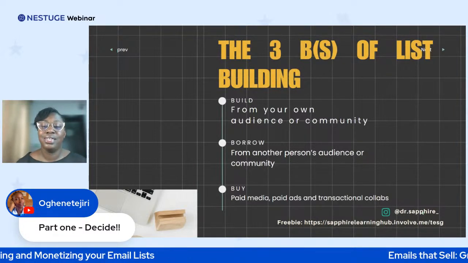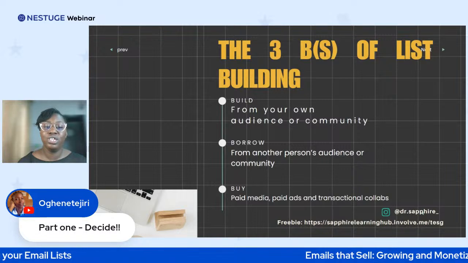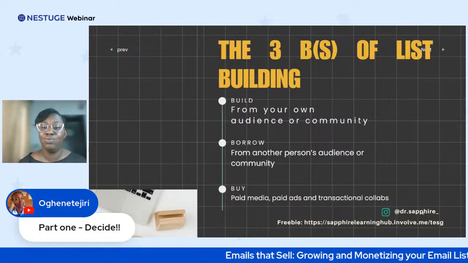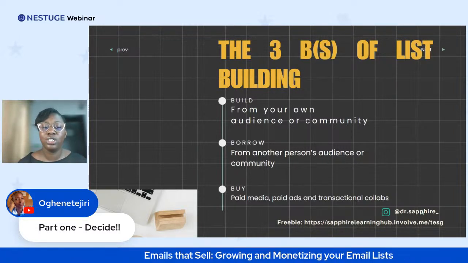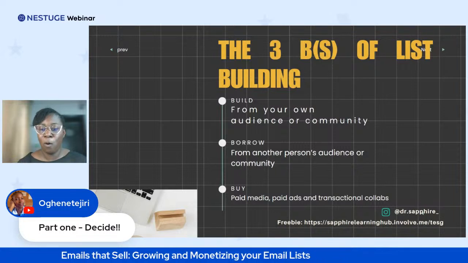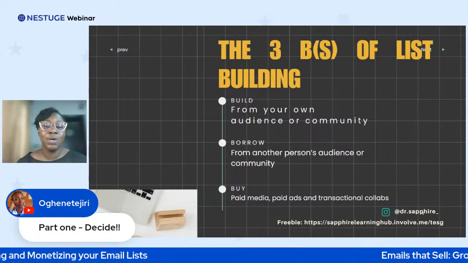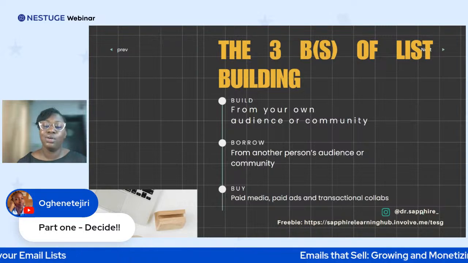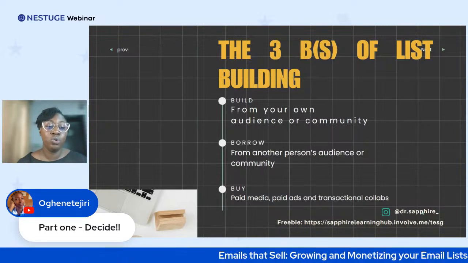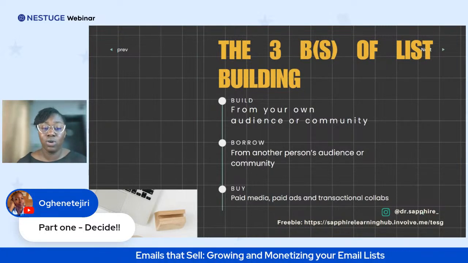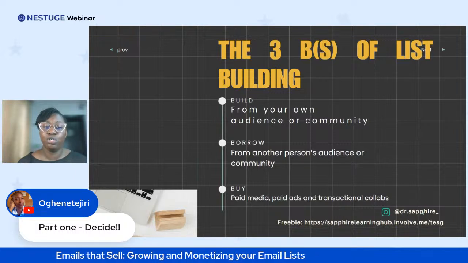And these are the three simple ways you build your list. Now, when you begin to think about these three ways, you can simply ask yourself, who can I borrow from? And then you see that ideas begin to come. Do I want to spend money to build my list yet? If yes, which platform do I want to run an ad on? Okay, so you now put that into consideration. Okay, I have an existing audience.